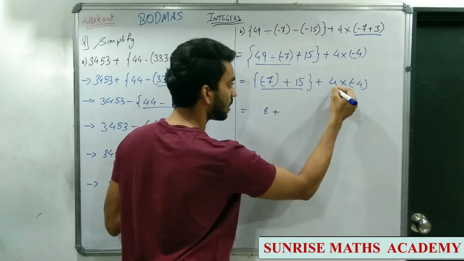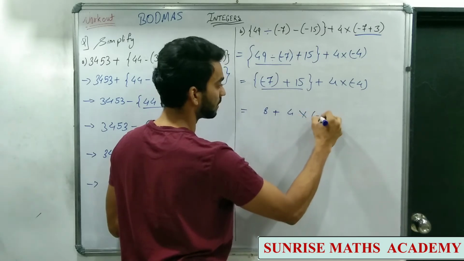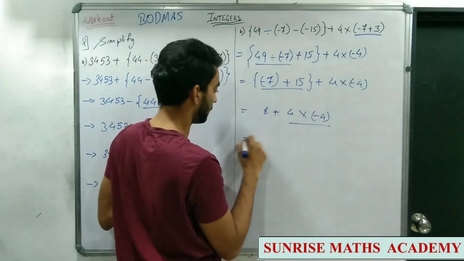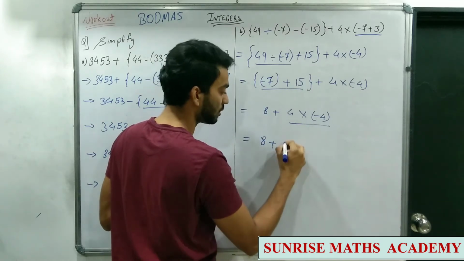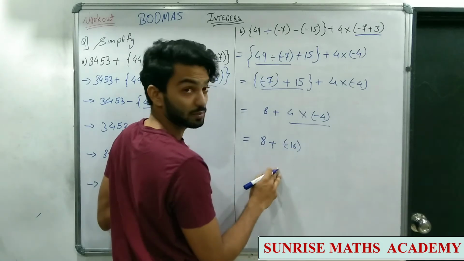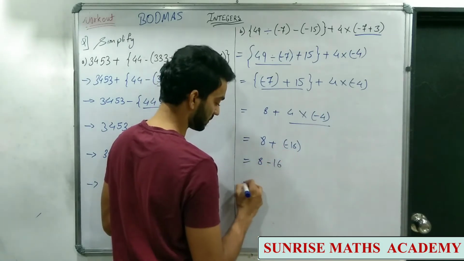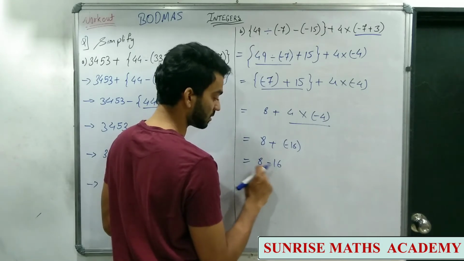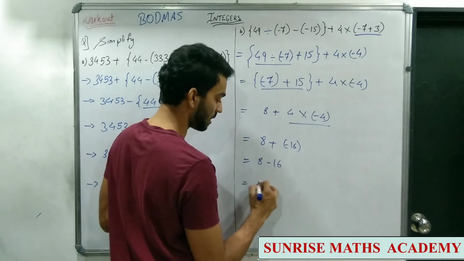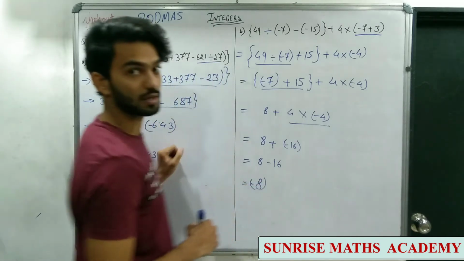Plus, this operation also we can do here, but if you want you can write it like this, because here we have addition and multiplication, so we are going to solve this here. 8 plus 4 into 4 is 16, minus plus is minus, so the value is minus 16. Now minus plus will become minus. This is plus, this is minus, so we do the subtraction. 16 minus 8 is 8, greater number is negative, so the value will be minus 8.